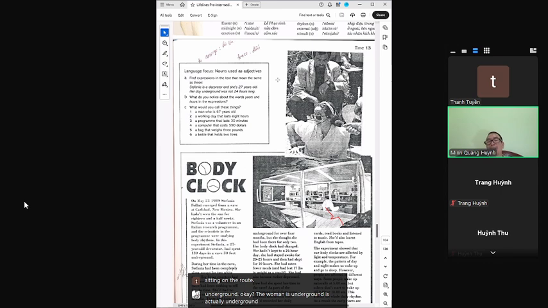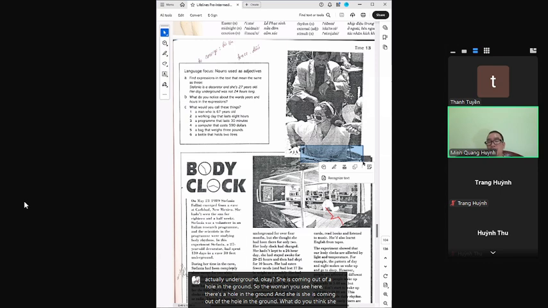She is coming out of a hole in the ground, right? So the woman, you see here, there's a hole in the ground, and she is coming out of the hole in the ground. Okay, what do you think she did underground? Why do you think she is coming out of the ground?